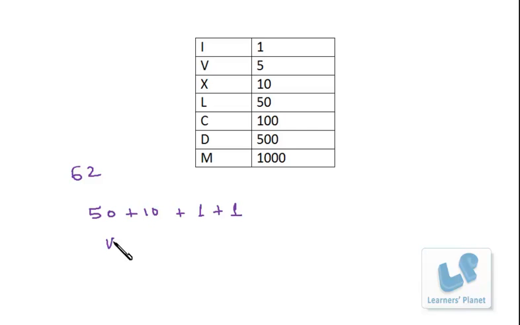Now 50 is L, then it's X, this I and this is I. So all X, I and I are smaller in value than L, and we are writing them on the right side of L. That means their values will be added to L. Okay, so it's 50 plus 10, 60, then plus 1, 61, and then plus 1, 62. Okay, isn't it quite simple?